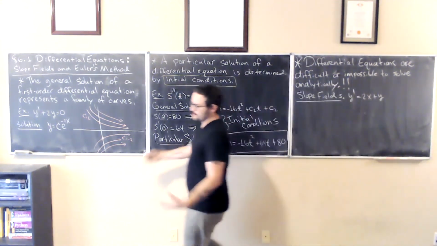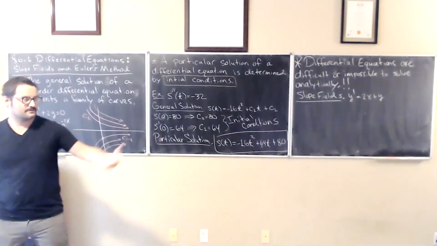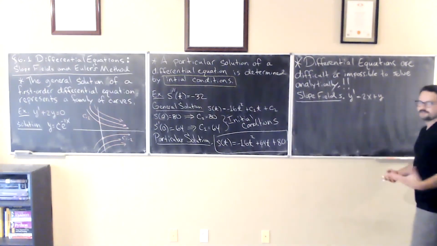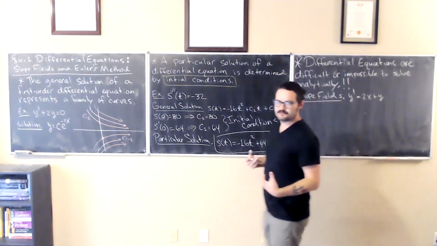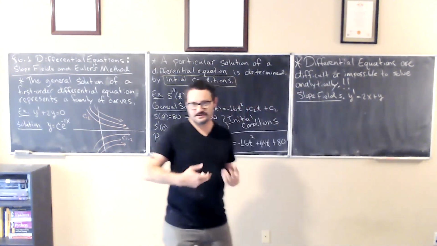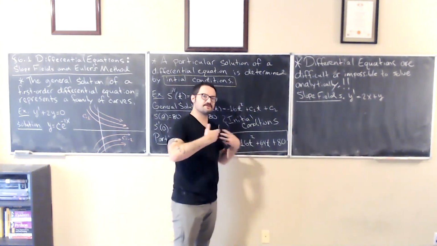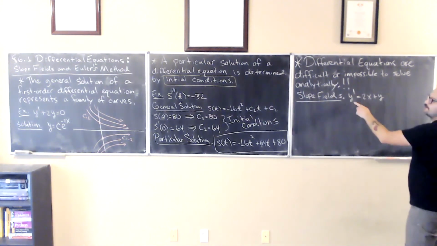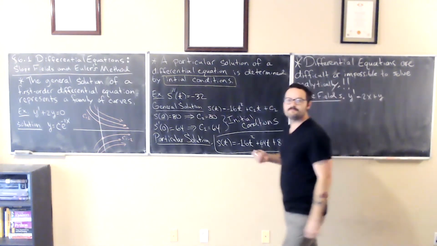Even if we don't know what a solution to this differential equation is, we can get a sense of the behavior of this function because we know the derivative. How many times in this class have we gone back to what the derivative can tell us? If we have an x and a y, we know the slope of the function at that point.